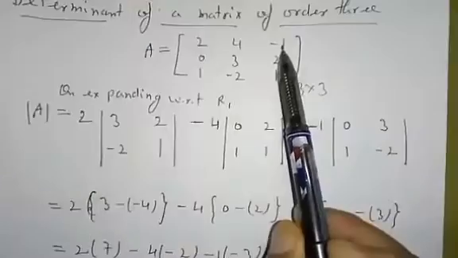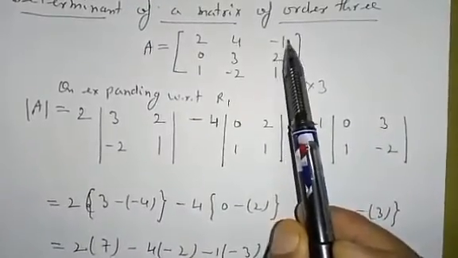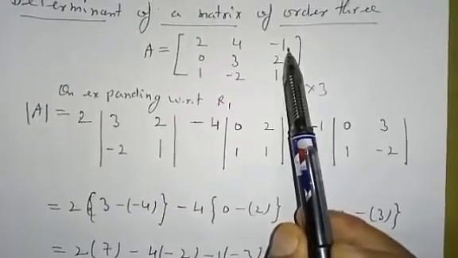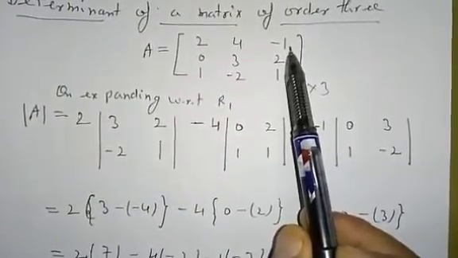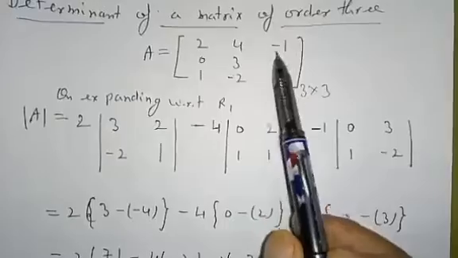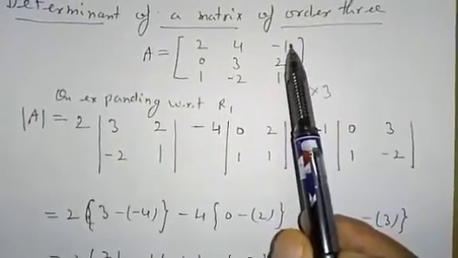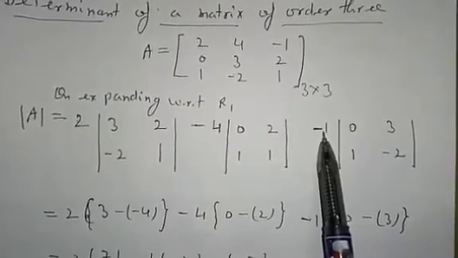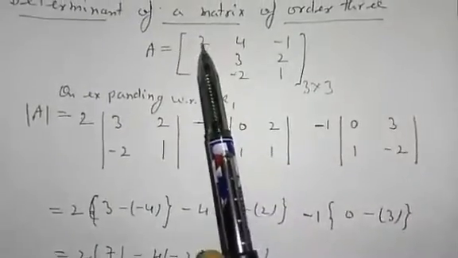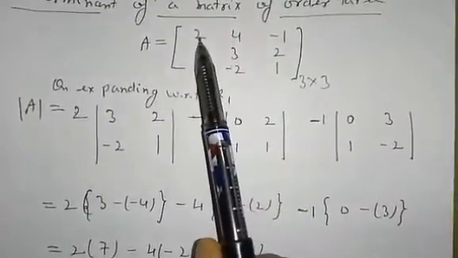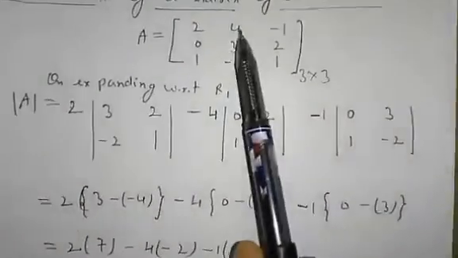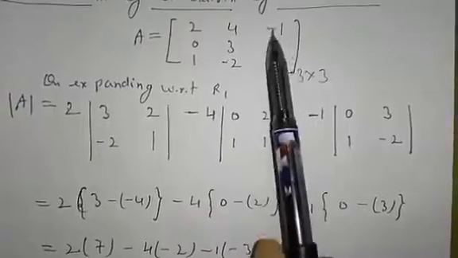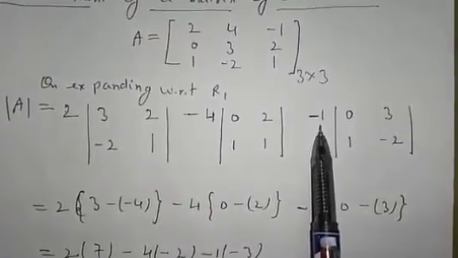Now for this minus 1, its position is first row third column. 1 plus 3, this is 4, means this is even position. For the even position we take the same element. So this is clear to you. If position is even, we take the same element. If position is odd, we change its sign. Otherwise we take it as it is.